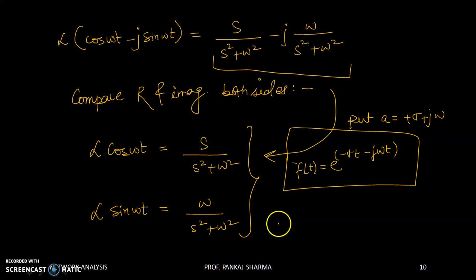In general it can be written as Laplace of f of t is equal to F of s, which here is equal to 1 by s plus sigma plus j omega.